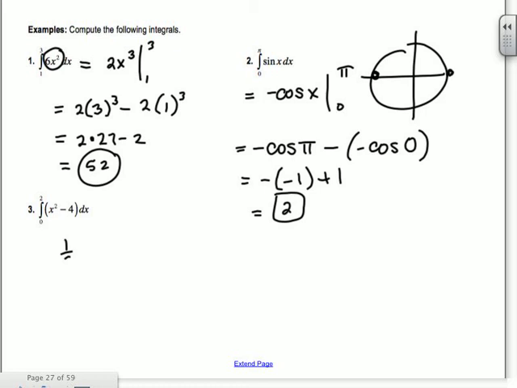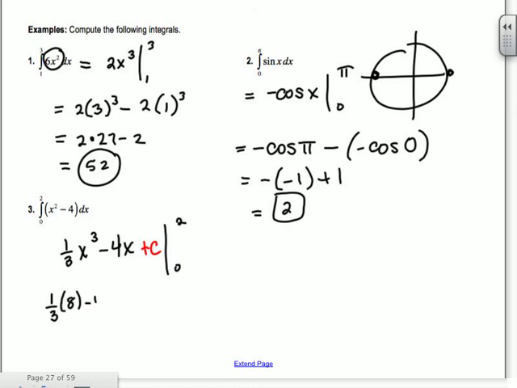Next one. How do we do it? 1/3 x cubed minus 4x. Why am I not doing a plus c on these? What if I had done a plus c here, and then plugged in 0 and then 2?